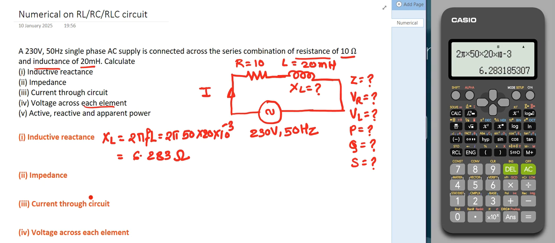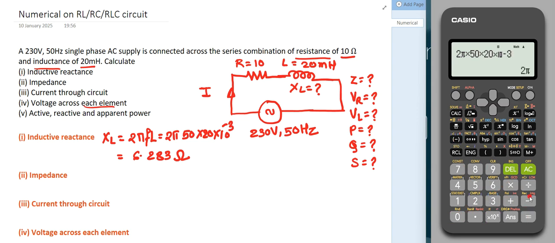Now in a calculator also, please check the shift mode. If my calculator is in math mode, then what will happen if I type 2 pi into 50 into 20 e raised to minus 3 equal to?